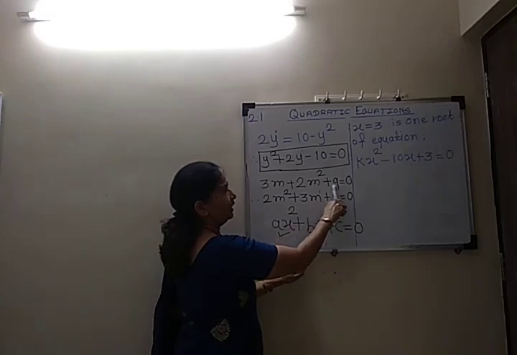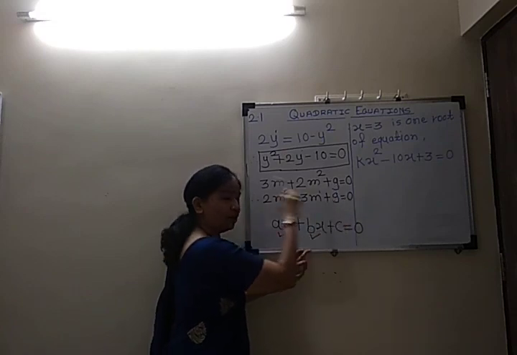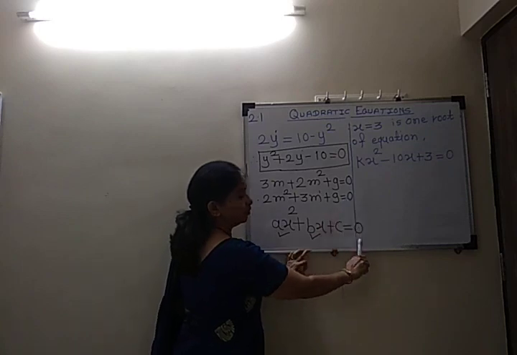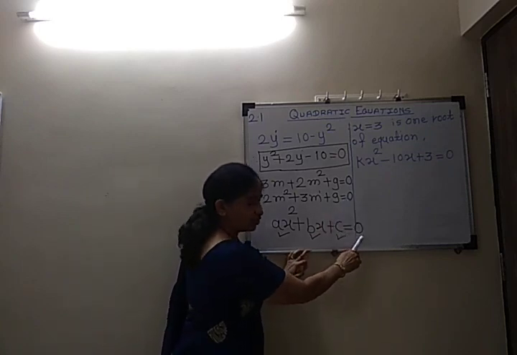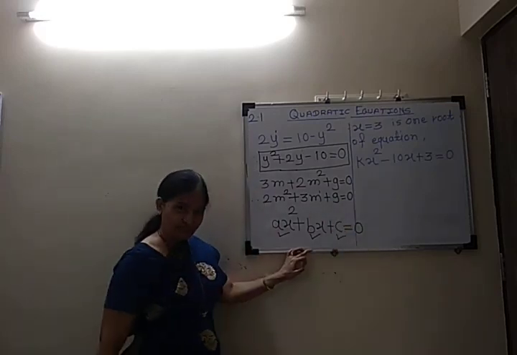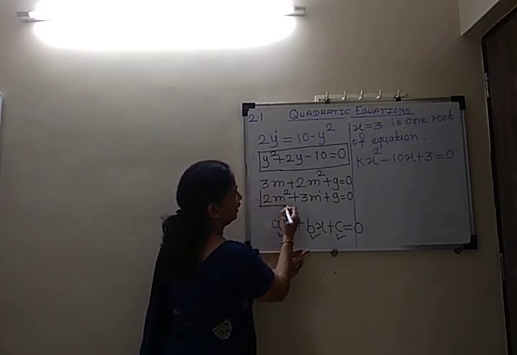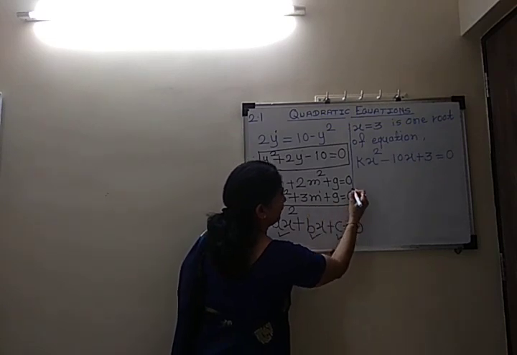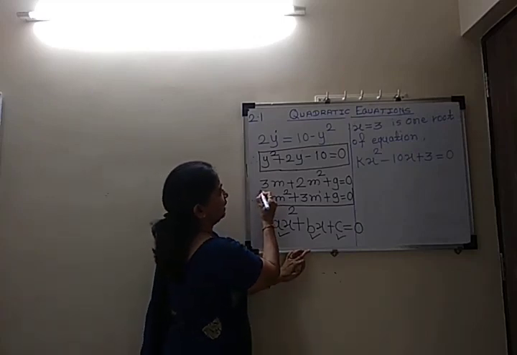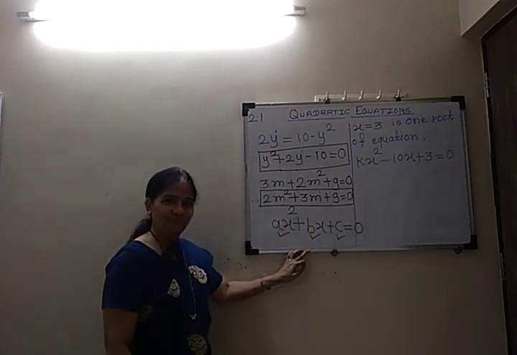That 9 was constant. So I wrote at last 9 is equal to 0. On the right side is 0, no? Only 0 is there. That means this is the standard form of a quadratic equation: ax square plus bx plus c is equal to 0.